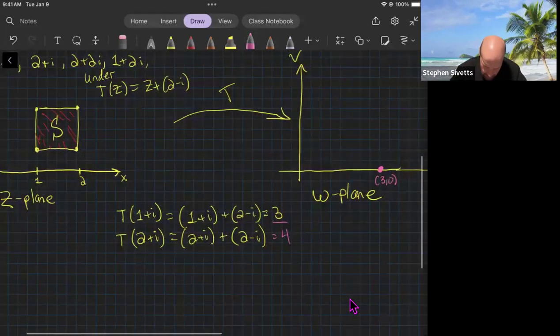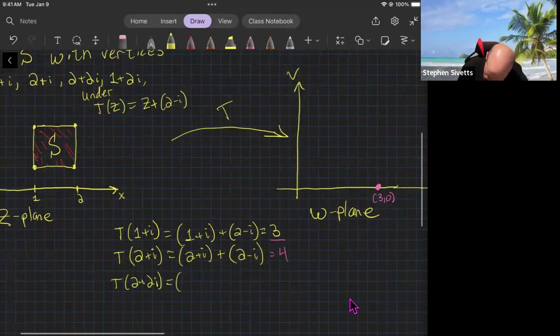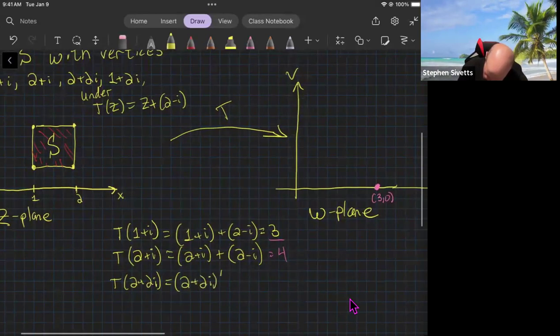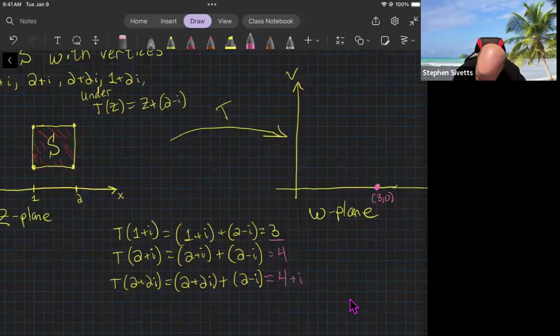Okay. Let's see vertex number 3. At vertex number 3, 2 plus 2i, this will equal 2 plus 2i plus 2 minus i. And that will equal 4 plus i.